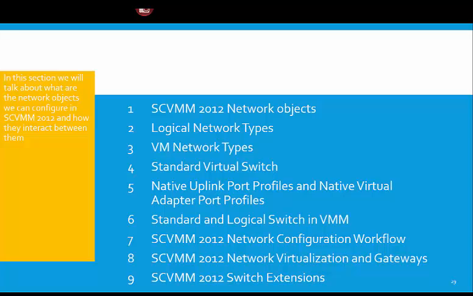NVGRE support: because the VMM APIs are more flexible, network services such as load balancers can function as network virtualization gateways, and switch extensions can use network virtualization policy to interpret all IP addressing information in packets that are sent.